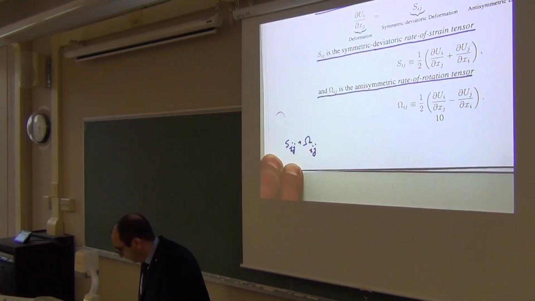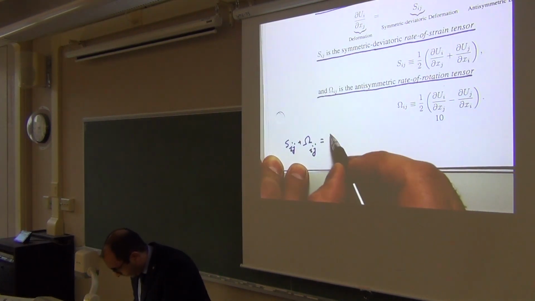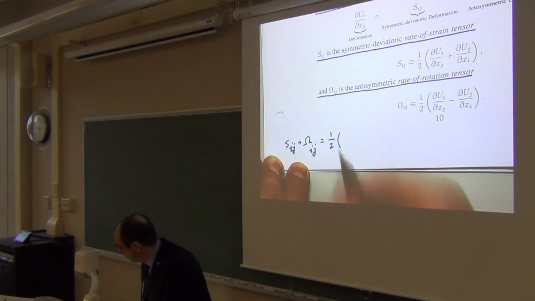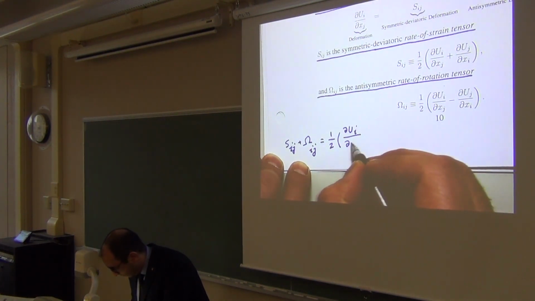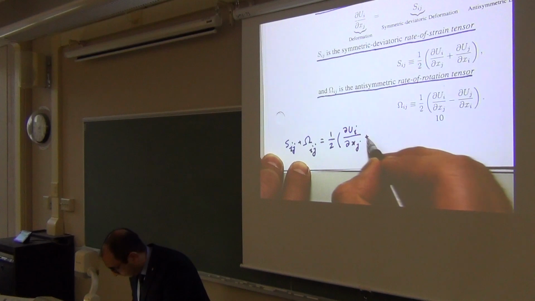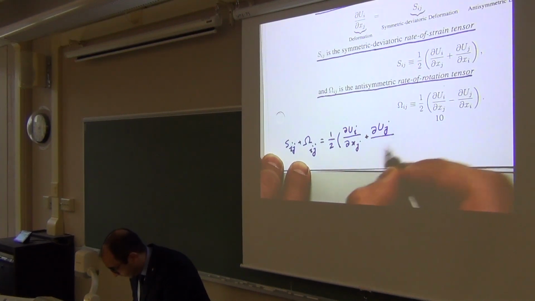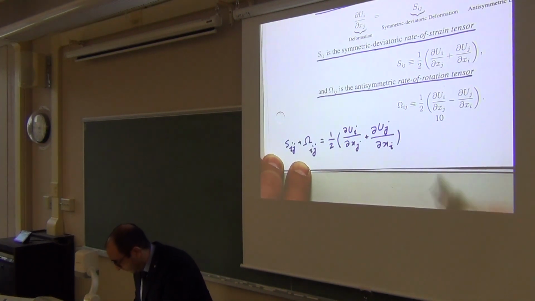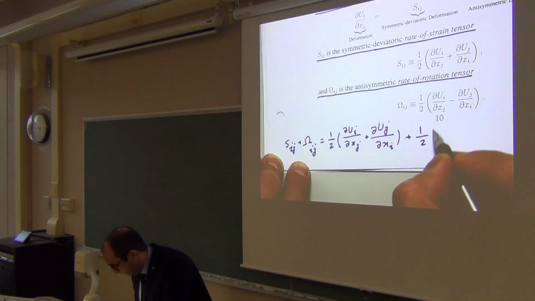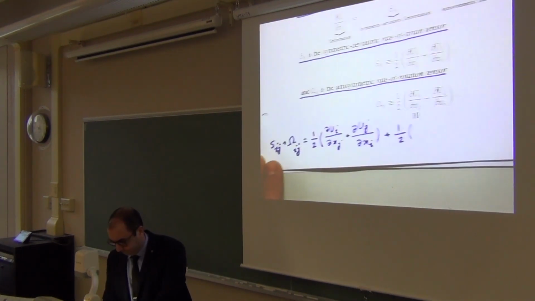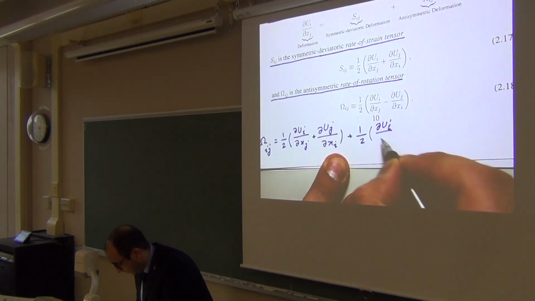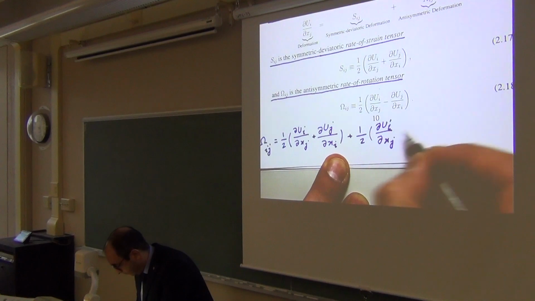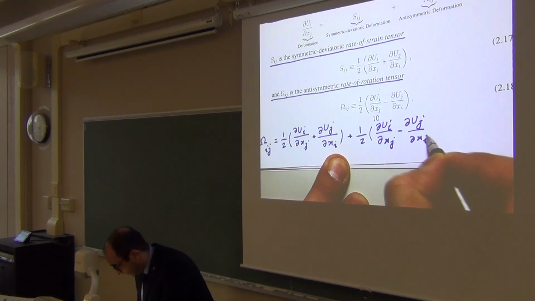If I add these two, you get 1/2 of partial ui partial xj plus partial uj partial xi, plus 1/2 of partial ui partial xj minus partial uj partial xi.